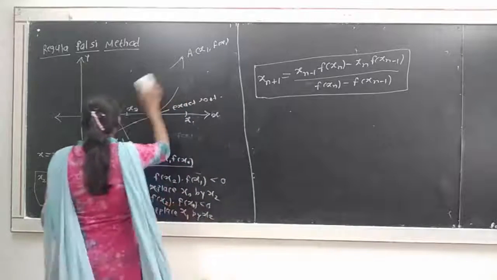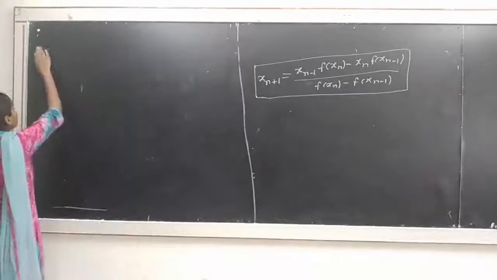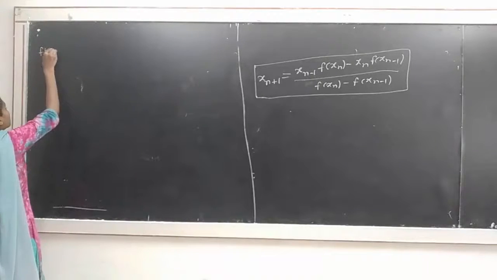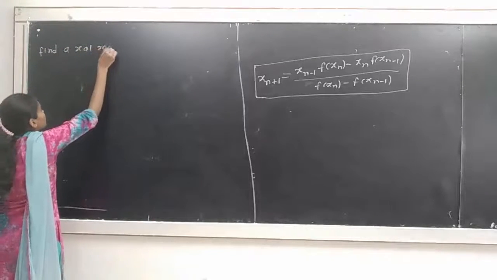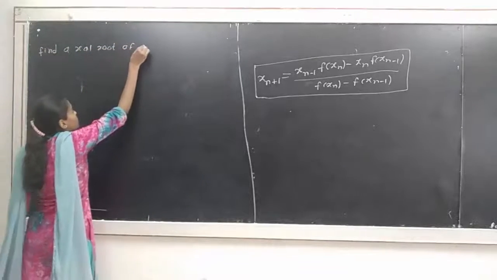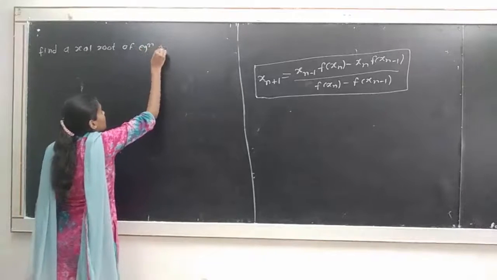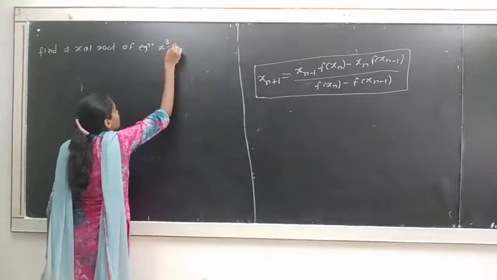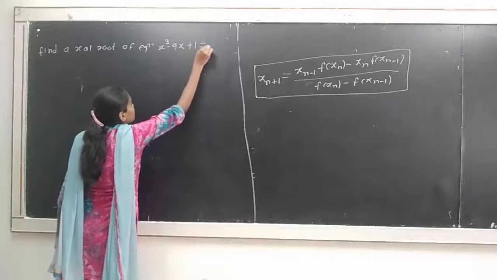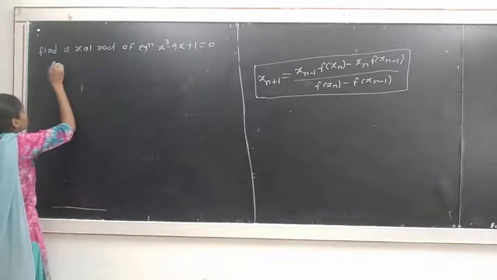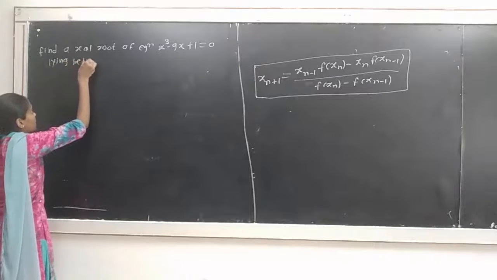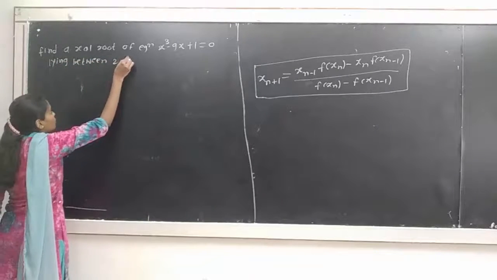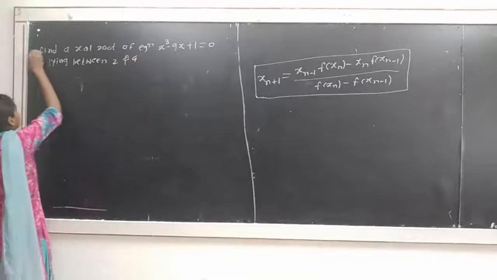We see the first example. Find a real root of the equation x cube minus 9x plus 1 is equal to 0, lying between 2 and 4.